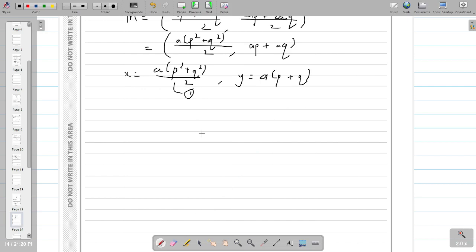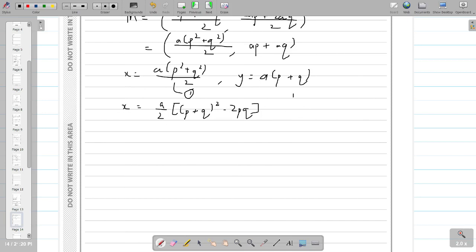Oh, okay, hold on. So we can rewrite X as A over 2 times P plus Q squared minus 2PQ. Because if you expand this out, this is going to be P squared plus 2PQ plus Q squared. The 2PQs are going to cancel out and we're left with this. So we can rewrite this as this.